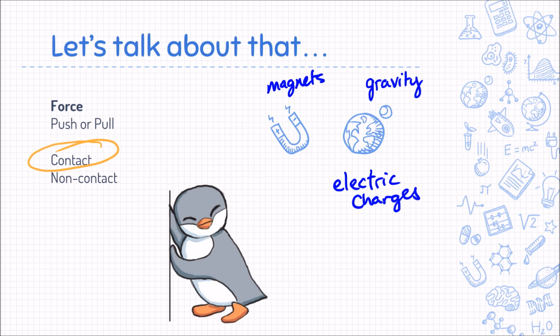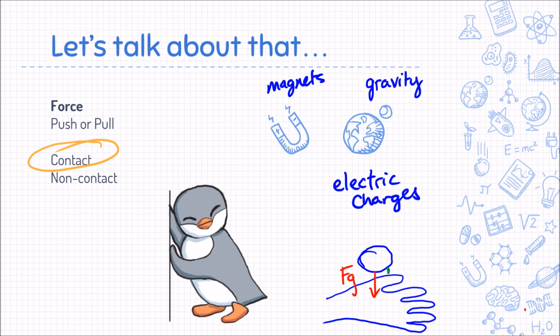We cannot cause it to have a force. Once it has left our hand, the very moment that there's any space between our hand and our object, the only force that can act on it now is the force of gravity.